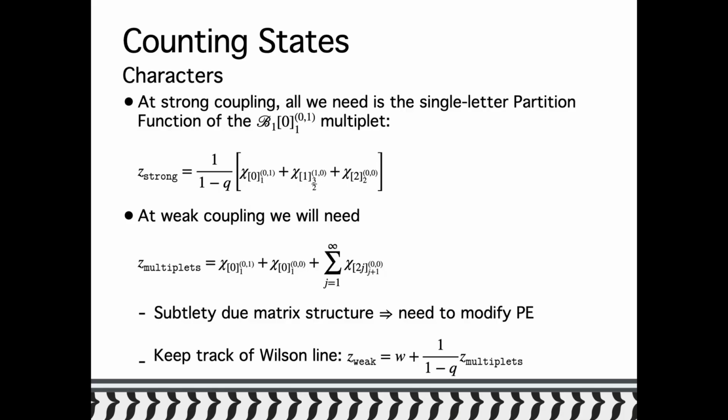So by introducing this extra letter, I can count single trace operators where I also allow one extra letter associated with the Wilson line. What this counts for me are basically adjoint insertions, but keeping track of the order.